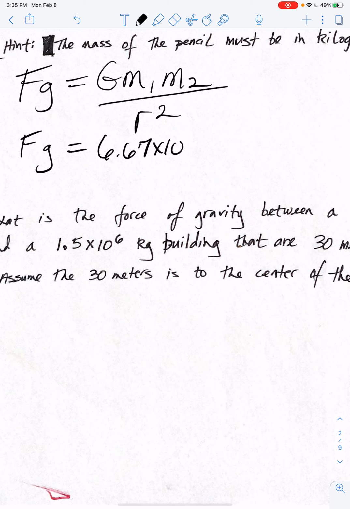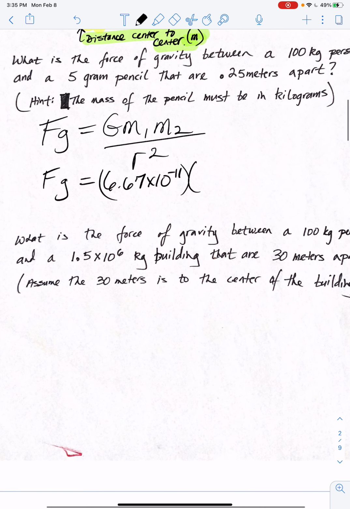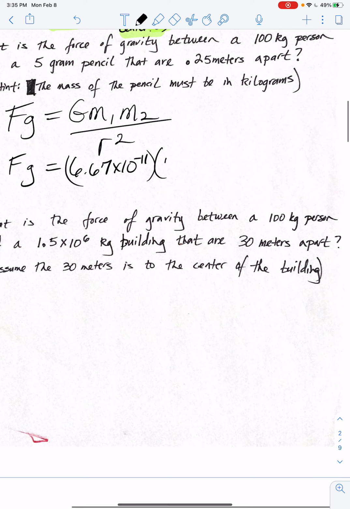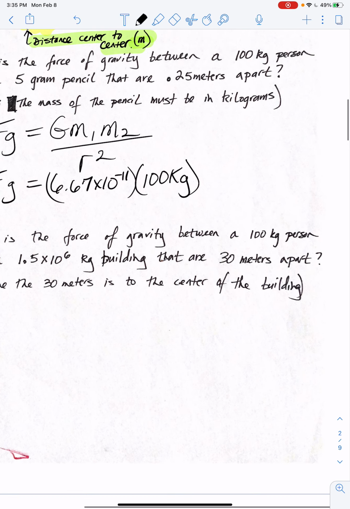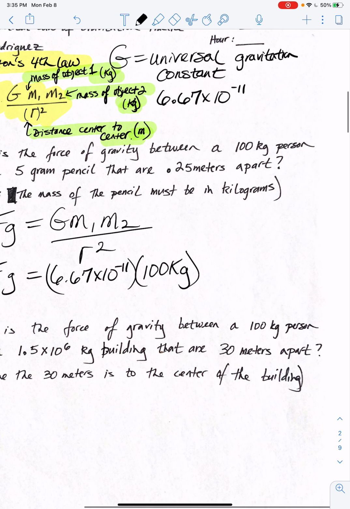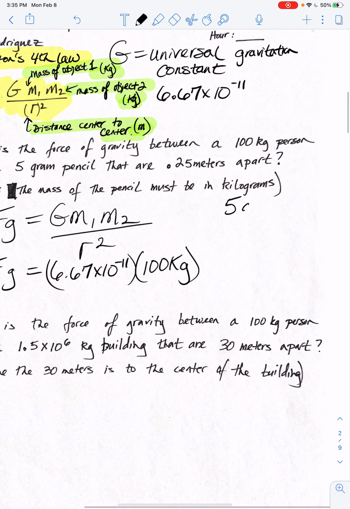6.67 times 10 to the negative 11th for G. The mass of the person is 100 kilograms. Notice we're not asking about the force of gravity with the Earth. It's just between this person and this 5 gram pencil that's on their desk or something. So the 5 gram pencil, 5 grams. We should be able to move our decimal here.